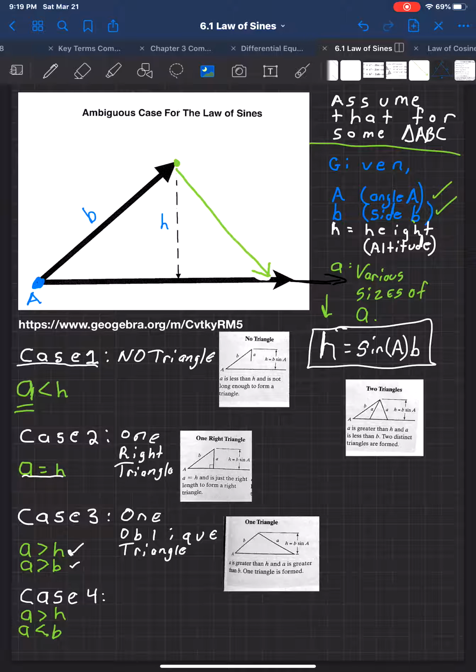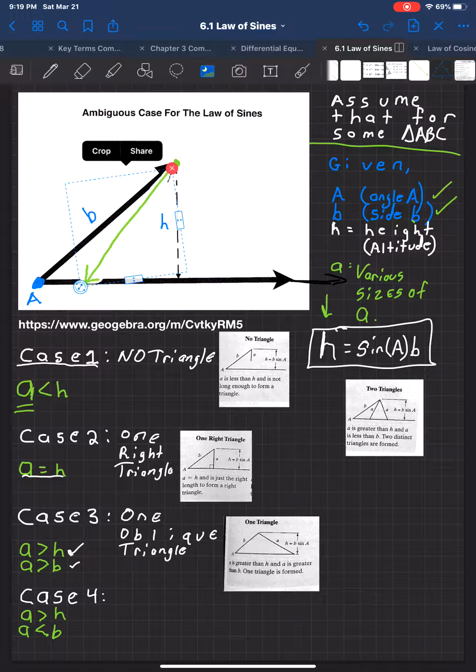But now, if we let this swivel a little bit, ready? Do you see how, if I let it swivel all the way to the left, you can also get a second triangle? Like a big one and a small one, right? A large triangle as well as a tiny triangle.